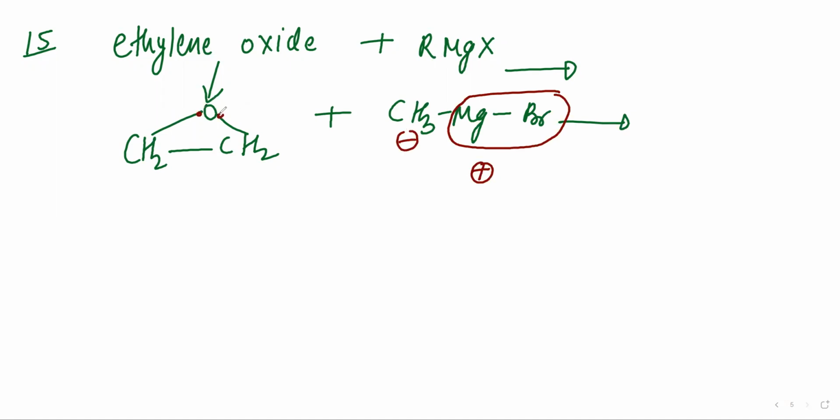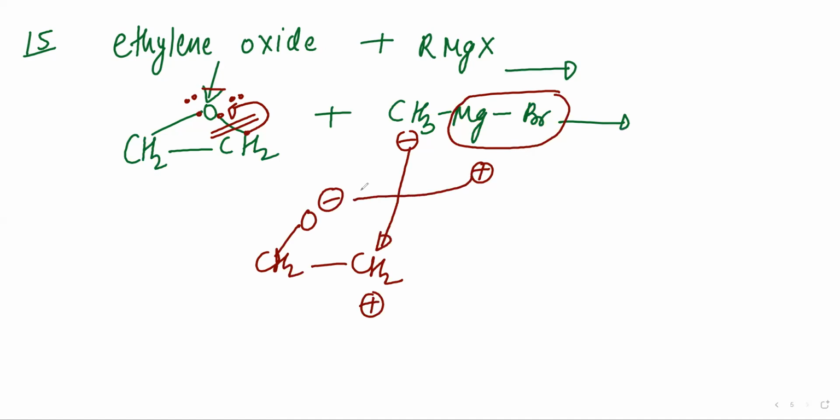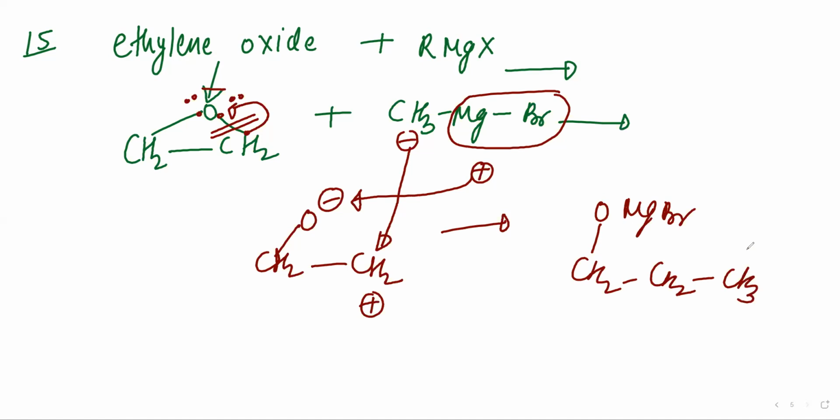As we know, oxygen has 6 electrons in its last orbit, so the bond breaking will happen here. The electron comes towards oxygen, so it forms O minus, with CH2 and CH2 becoming plus. The plus attracts the minus, and this plus goes with this, forming OMgBr, CH2, CH2, with CH3 there.